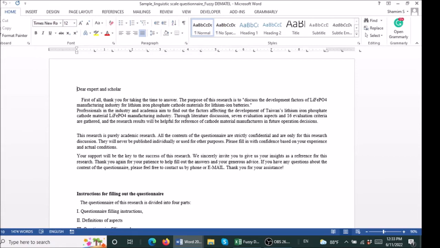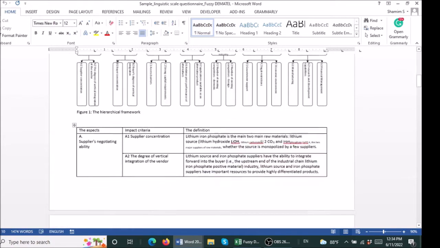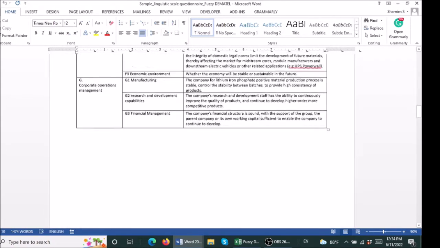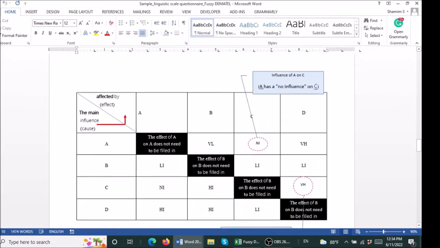Okay, and then I will show some techniques on how to modify my Excel template, or you can design your own Excel template. Okay, so let's start from the questionnaire first. So in the questionnaire, you see previously I have shown that this is a DEMATEL questionnaire, looking like this in a matrix form.